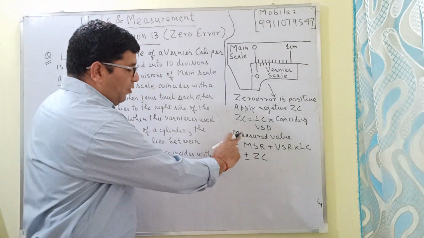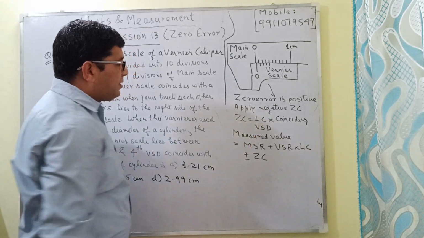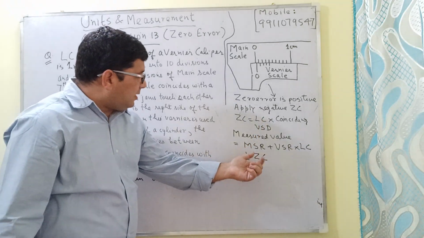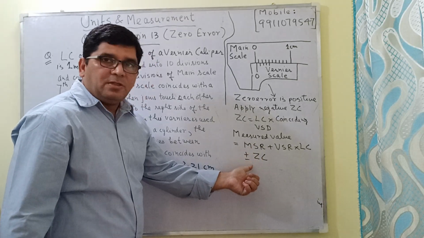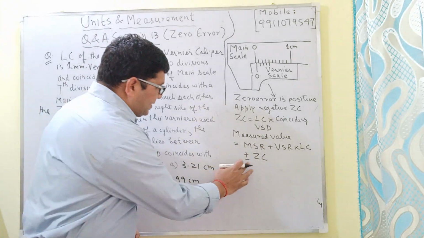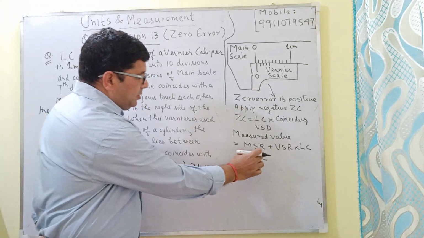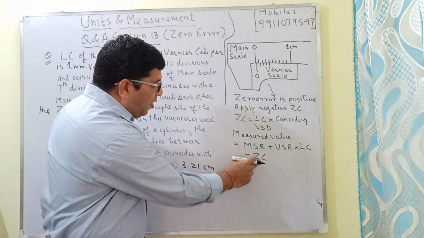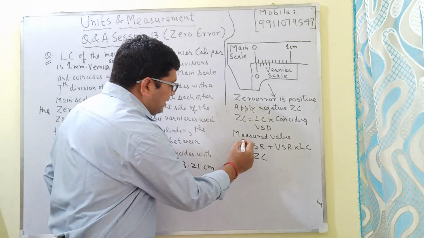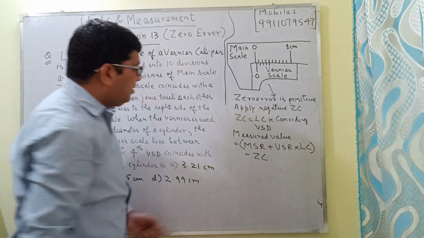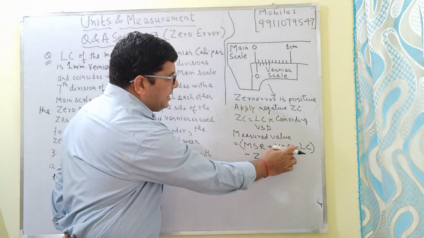Negative zero correction means that in this measured value the zero correction will be taken as minus. That is, the value of the zero correction will be subtracted from the main scale reading plus vernier scale reading into least count.